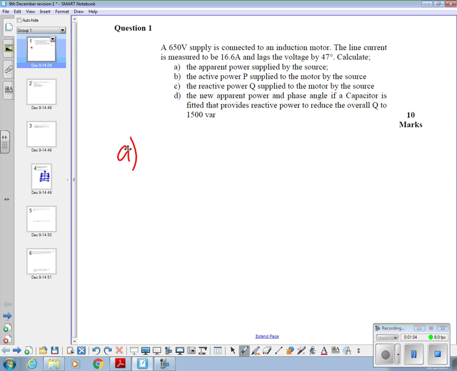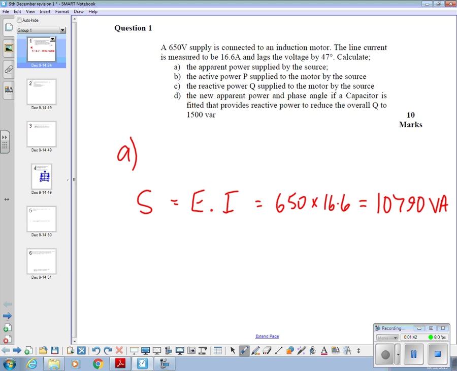Yep, so the formula, Danny, is E times I. S is equal to E times I, and we put the numbers in. 650 times 16.6 equals, what did you get? 10,798 VA, units correct, 10.8 kVA. Yep.